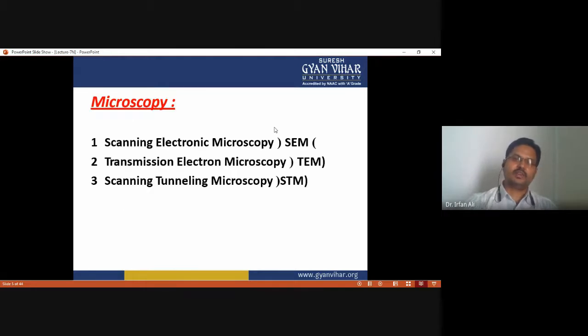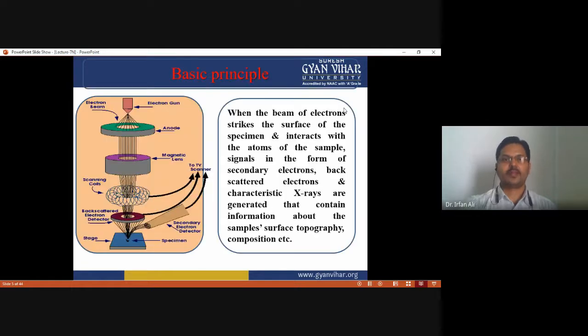First of all, we will discuss the various types of microscopy and their applications along with their working principles.